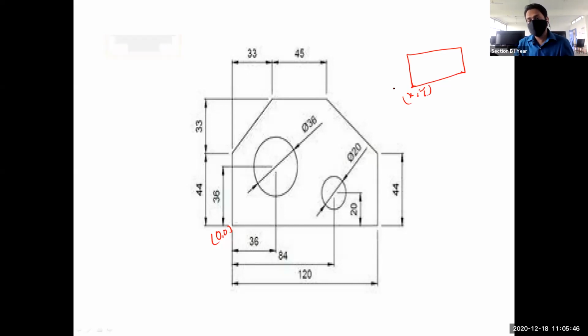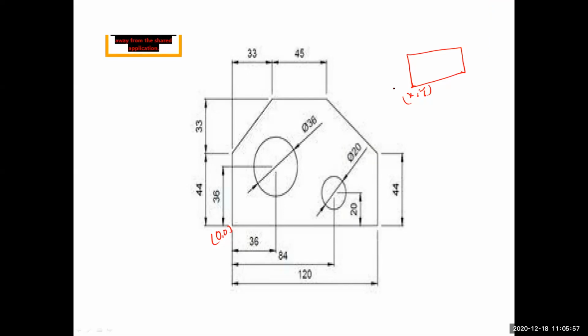In that situation, you have to make a wise decision about when and where to use which coordinate system. Maximum we will use your direct coordinate system, but sometimes wherever required, you can use in between your polar or relative or whatever is required.